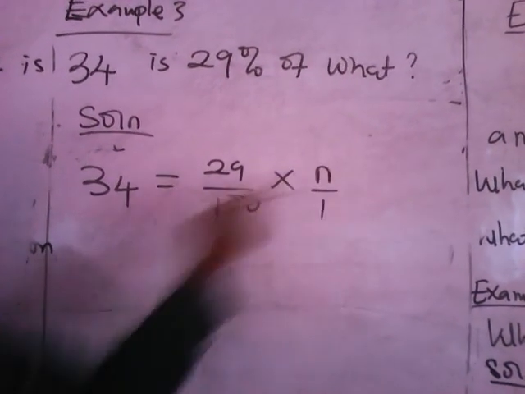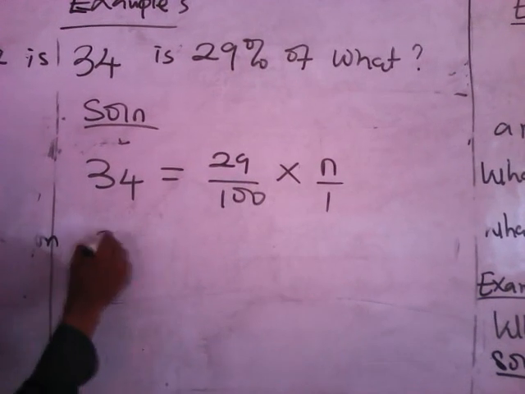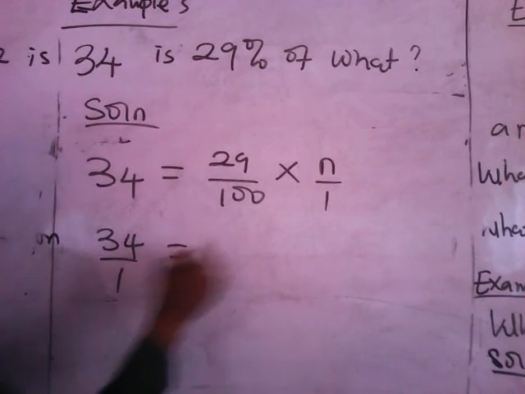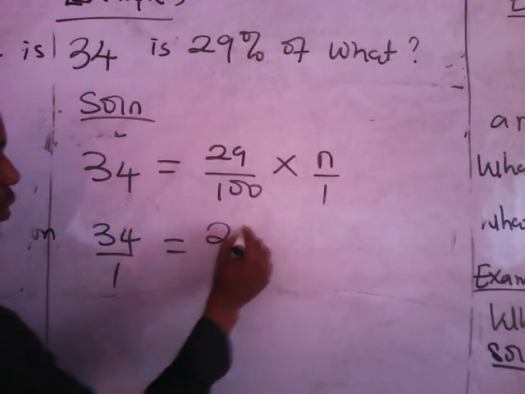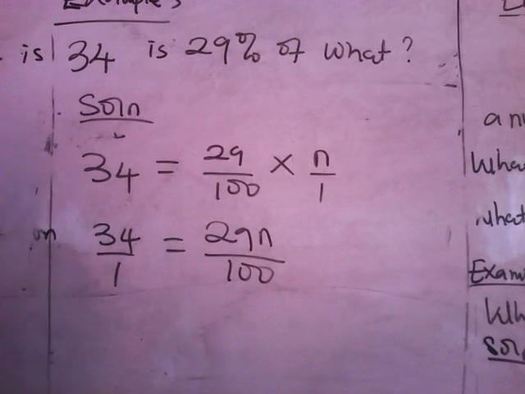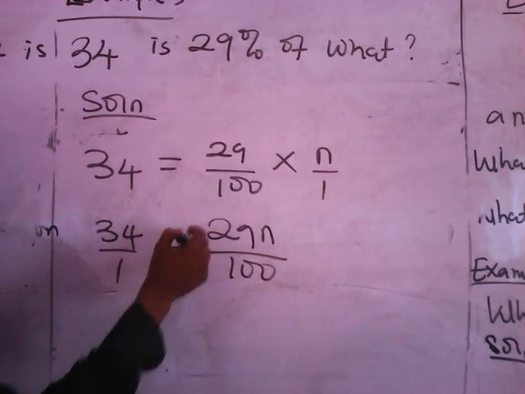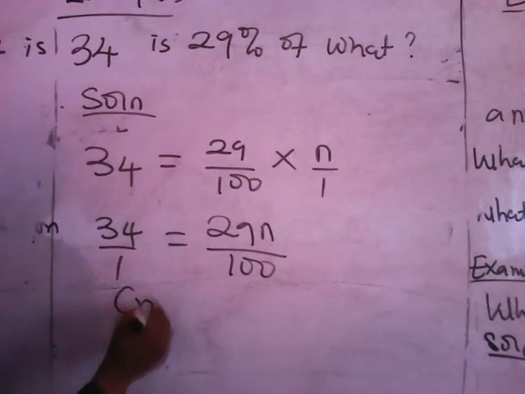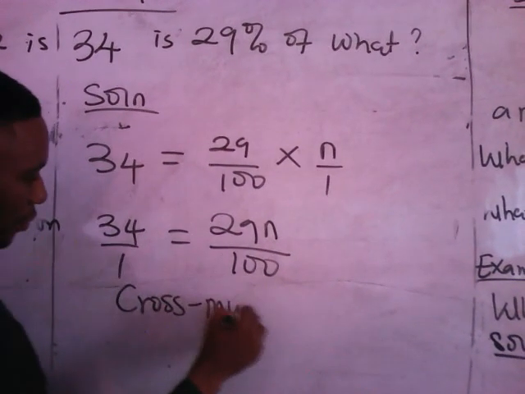So since we are looking for the value of n, we say 34 over 1 equal to 29 times n is 29n over 100 times 1, 100. And since we are looking for n, we cross multiply.